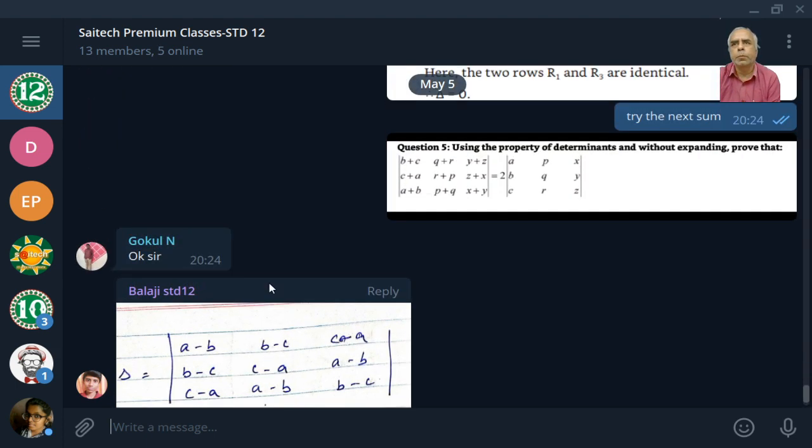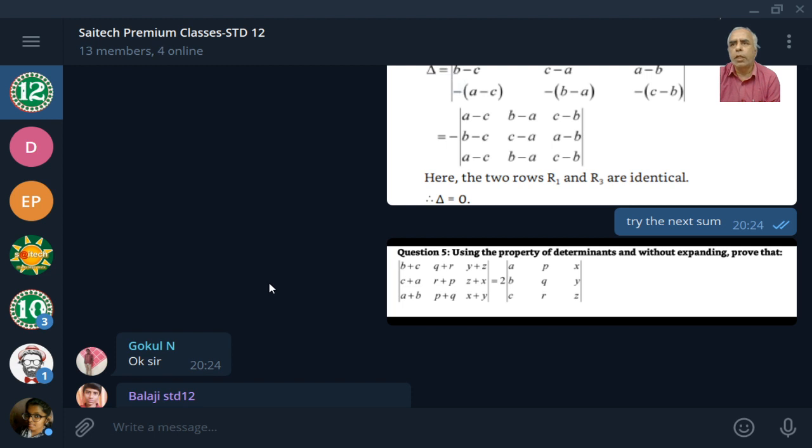Use the property of determinant and without expanding prove that the first row is given as b plus c, q plus r, y plus z. And second row of the LHS, c plus a, r plus p, z plus x. Third row, a plus b, p plus q and x plus y. So you have a particular determinant on the LHS and RHS is equal to 2 into the first row a, p, x, second row b, q, y, third row c, r, z. Now you have to prove that. Just try.